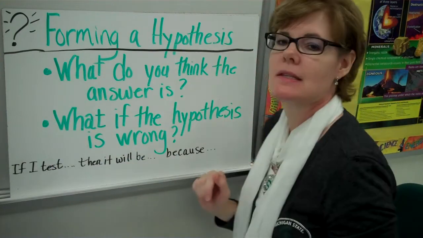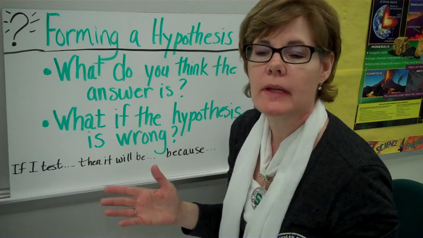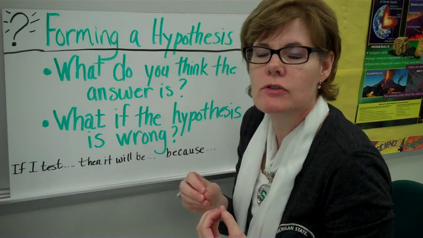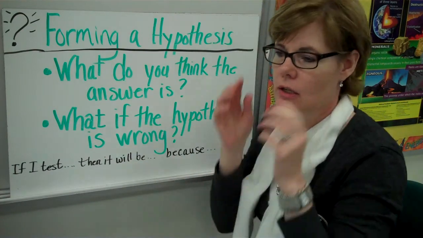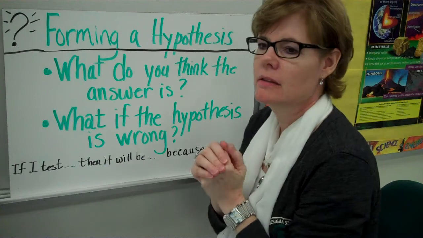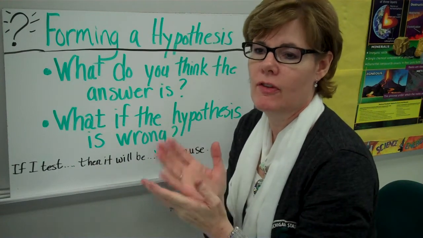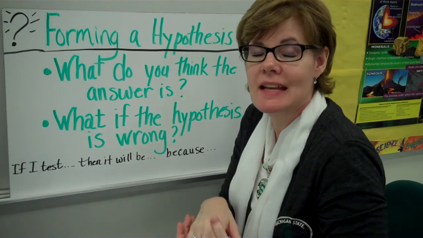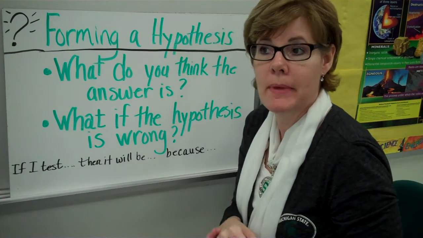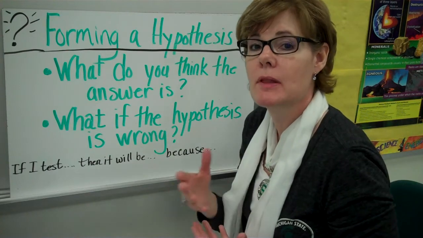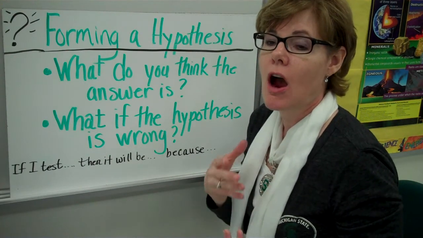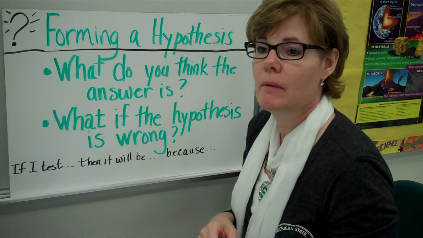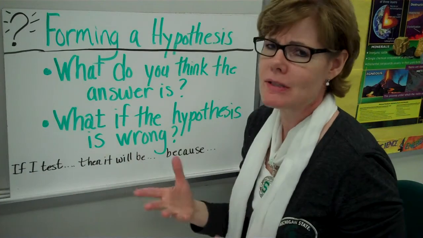And what if the hypothesis is wrong? No big deal. If the hypothesis is wrong, then we just need to change something up, and it might trigger you to go further into your investigation. So if you say that the oil spill will negatively affect the plant life, but you find out that it has a different result, maybe the plants are thriving, maybe some are thriving and some are dying, you may be inspired to do another portion of research, and that's how science works.